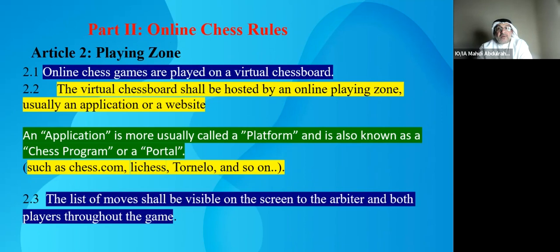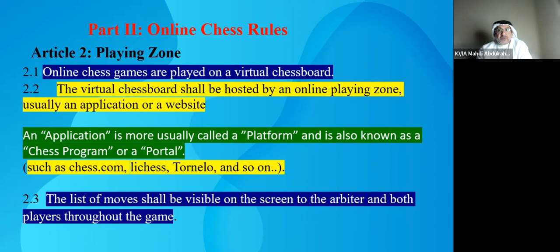Part 2, online chess rules: we have the playing zone. As you know, the physical playing venue may be in a club, a federation, a hall, or a hotel somewhere. We call it the playing area or playing venue. Here we have the playing zone because we're playing online. So online chess games are played on a virtual chessboard.